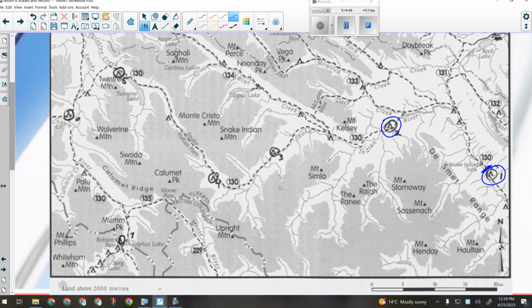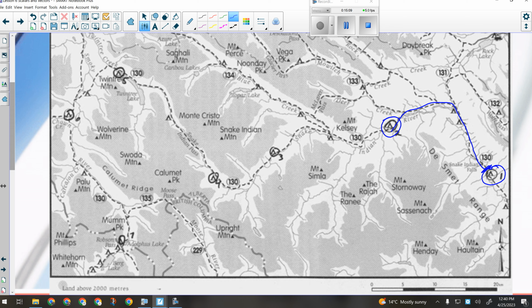Now, is that a scalar description or a vector description? Scalar. It just said 27 kilometers. What is it assuming I'm going to do? Take the trail. Yeah, exactly. I'm going to follow this trail from Seldom Inn Campground to Snake Indian Falls Campground. In that situation, a scalar description is just fine.